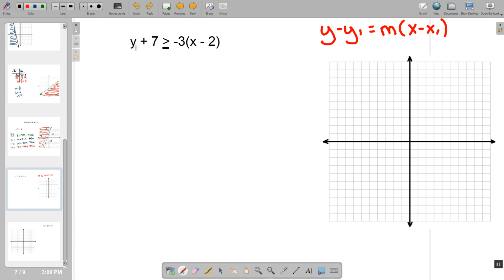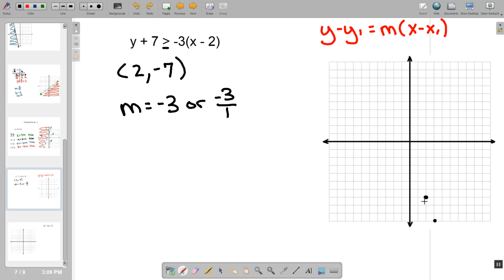So for this point, our ordered pair, now it's going to be opposite, so our x is going to be positive 2, and our y will be negative 7, and it's opposite because of these negative signs in here. And our slope is going to be the coefficient in front of the parentheses, which is negative 3, or negative 3 over 1. I can use that point and the slope to graph as many points as I can.